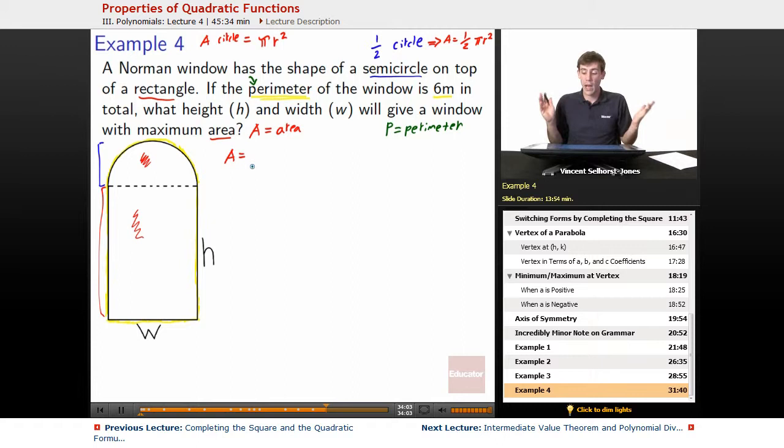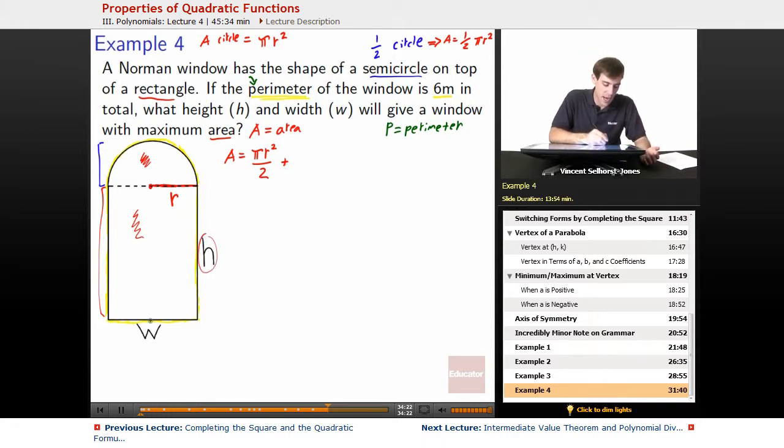Oh, hey, we don't have an r yet, so we better introduce an r. So we'll say, here's the middle. So r is from the middle of our circle out like that. So area equals pi r squared divided by 2, because remember, it's a semicircle, so it's half of it, plus, what's the area of our box? That's height times width, so height times width.